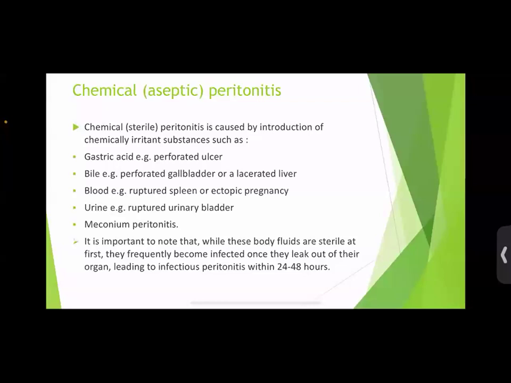When the first stool of a newborn leaks into the peritoneal cavity, it can cause meconium peritonitis. And it is important to know that while these body fluids are sterile at first, they frequently become infected once they leak out of the organ containing them, leading to infectious peritonitis within 24 to 48 hours.